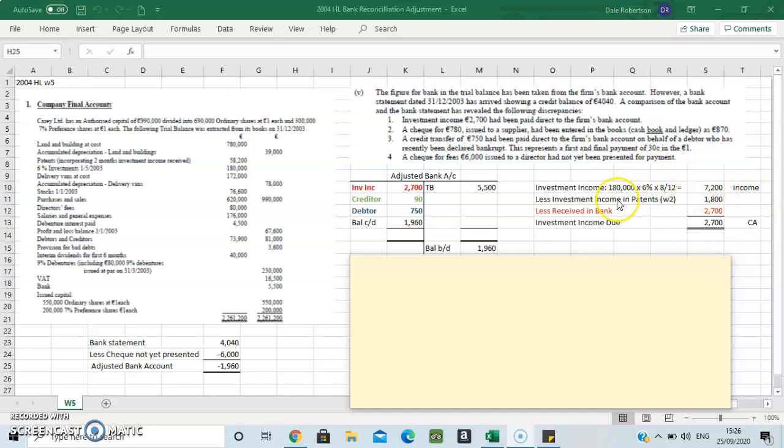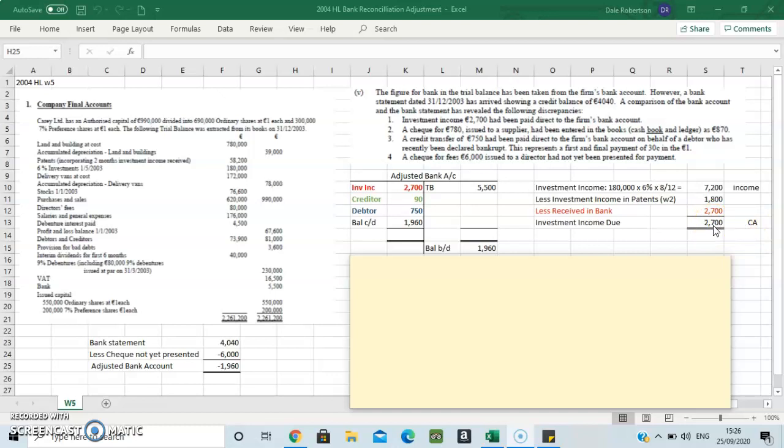Now, earlier in the question, we had patents where we had investment income incorporated into patents, 1,800. We need to take that out. And now we need to take out this other one, this 2,700 that we have received, if we want to isolate how much is the investment income due of 2,700. That is a current asset, the amount which is due.